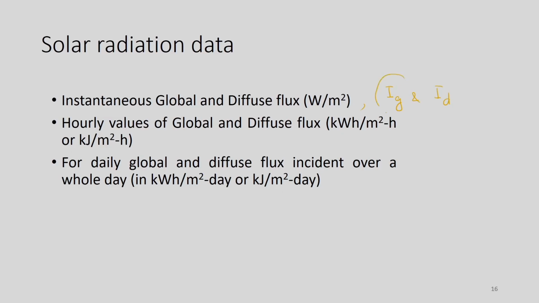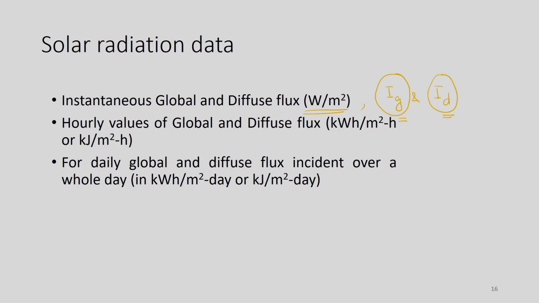So, this is the instantaneous global flux, and this is the instantaneous diffuse flux, and the unit is watt per meter square. As we have already discussed, this instantaneous nomenclature can also be used for hourly variations.